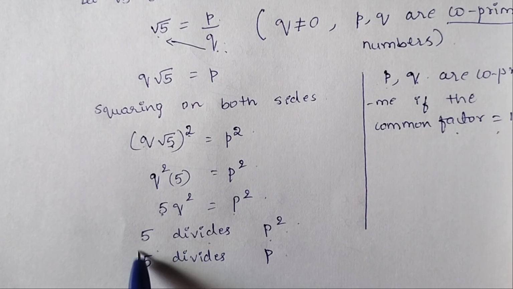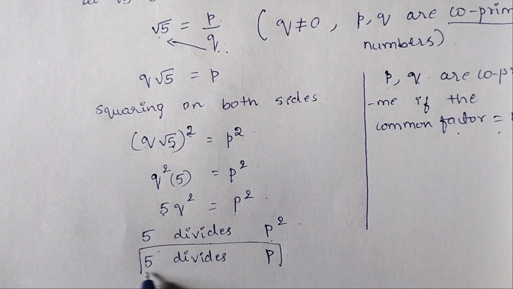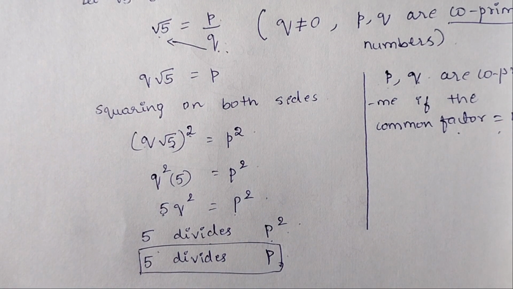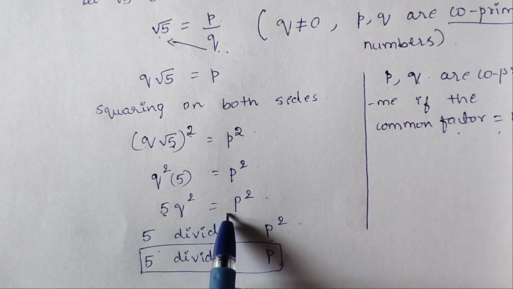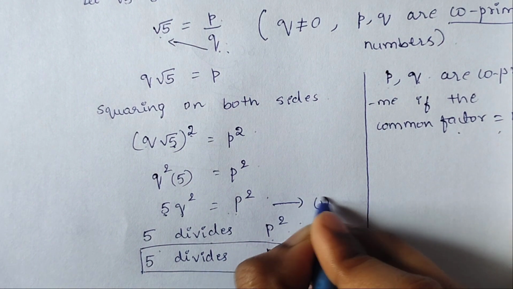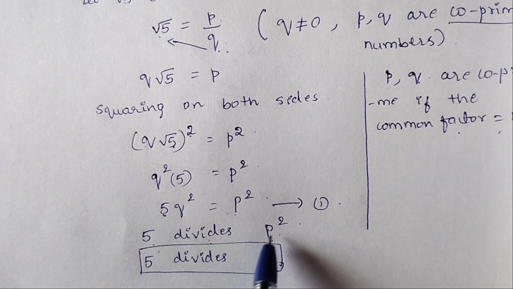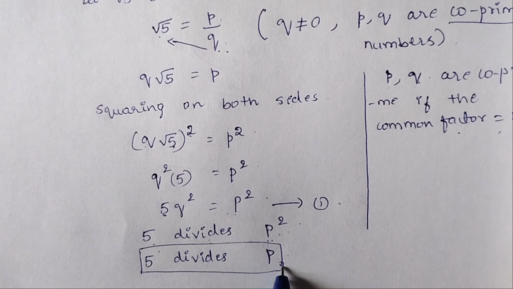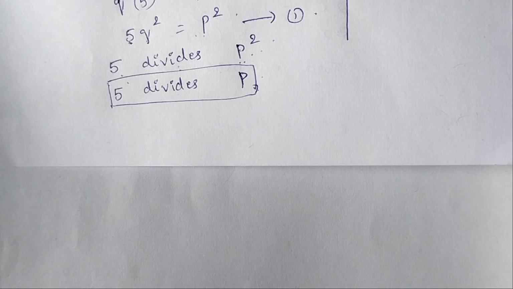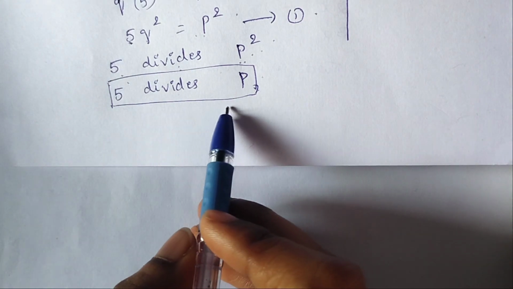This is the very important statement, 5 divides p. Let us take 5q square is equal to p square as equation 1. From equation 1, we have written that 5 divides p square. Based on the theorem, we can write this as 5 divides p. So now we are done with the first stage, 5 divides p.